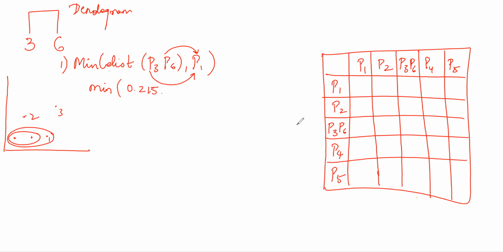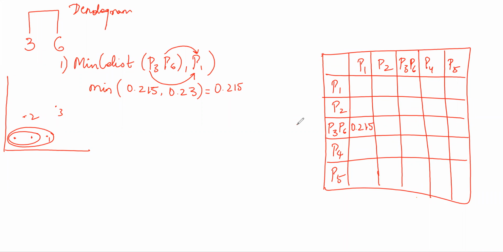What was the distance from P6 to P1? 0.23. Which is lesser? 0.215. So I'm going to write that P3 to P6, the value is 0.215.